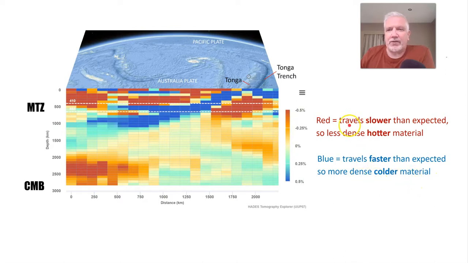If the waves arrive slower than expected, we're coming through less dense, hotter material, which doesn't allow the waves to propagate quite so fast. So red is slower because it's hotter. Blue is faster because it's colder. What that allows us then to do is to begin to see shapes and patterns in the mantle.